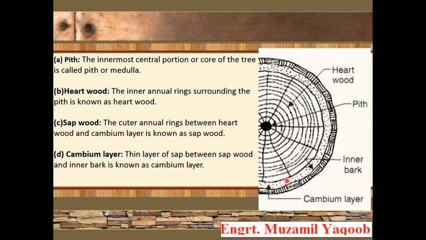It is the thin layer between the sapwood and the inner bark. This area, the inner bark, right? Is separated by the cambium layer. In short, you can say the gap between the wood and these layers is known as the cambium layer.